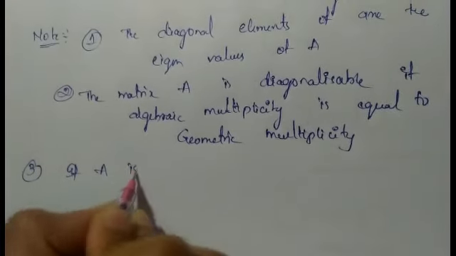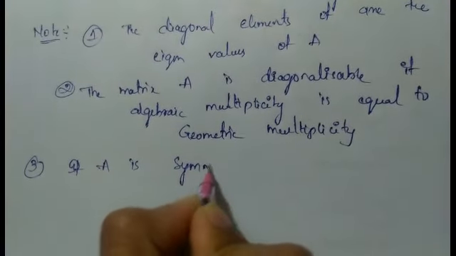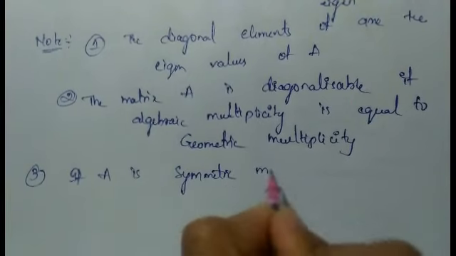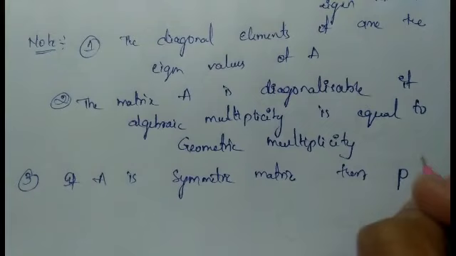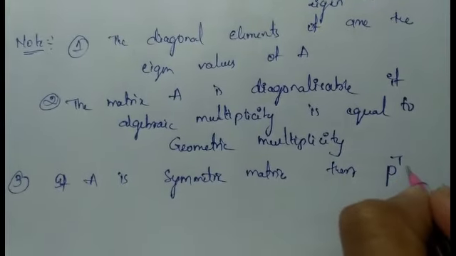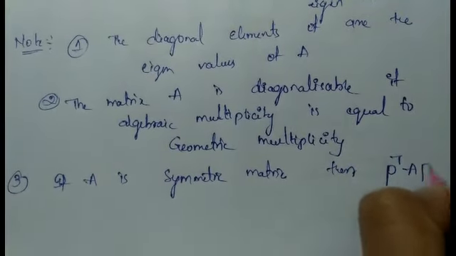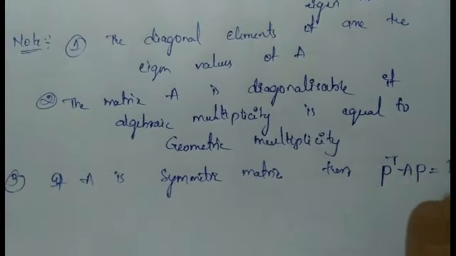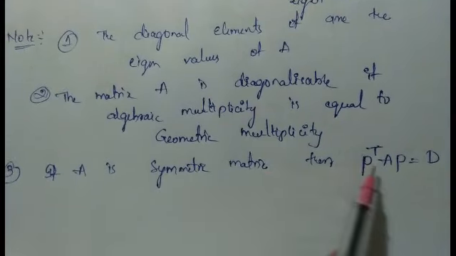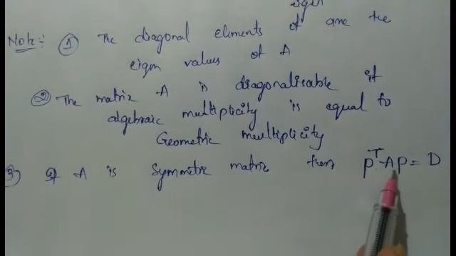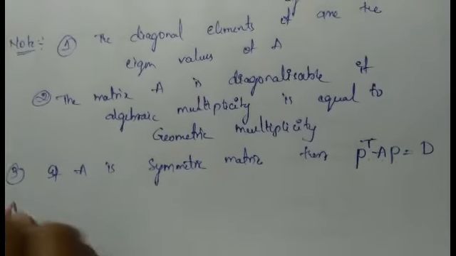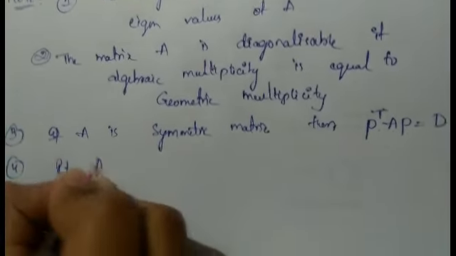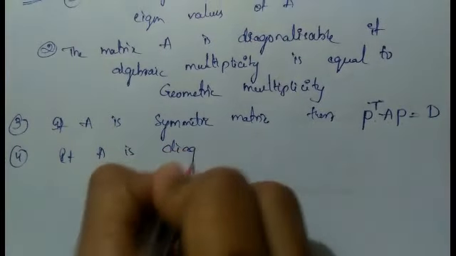And if A is a symmetric matrix, then it satisfies the formula P transpose A P equals the diagonal matrix D.